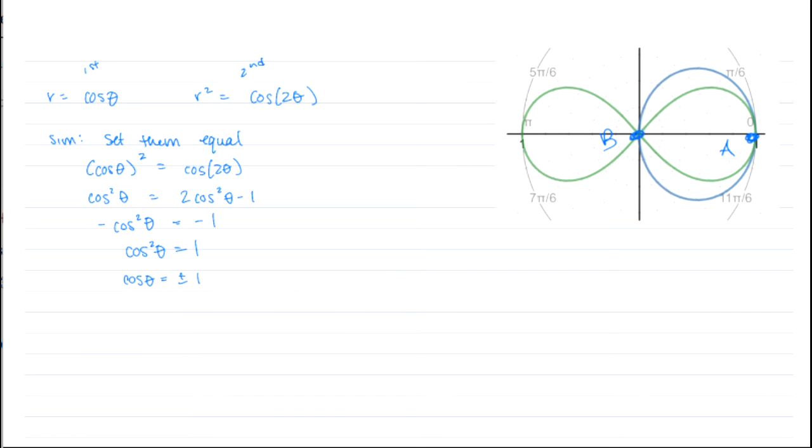And then we want to figure out where that's true. So theta, where cosine is positive or negative 1, would be at 0, pi, and then 2 pi. But if you include 0, you don't need to include 2 pi, so we'll just stop there. And then what we want to know is, what's r?